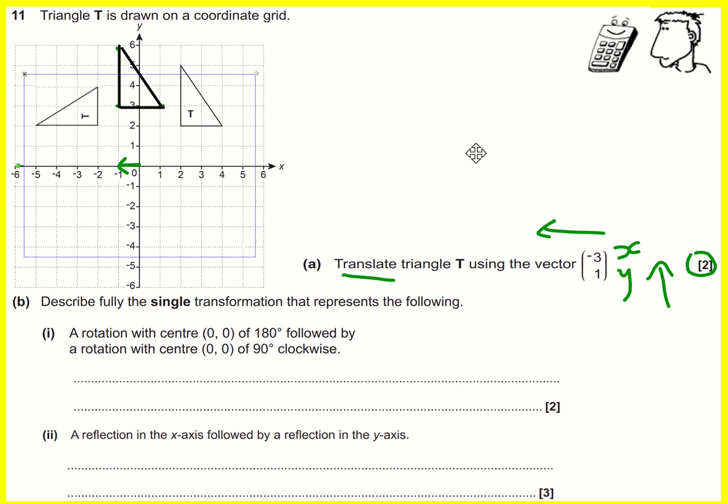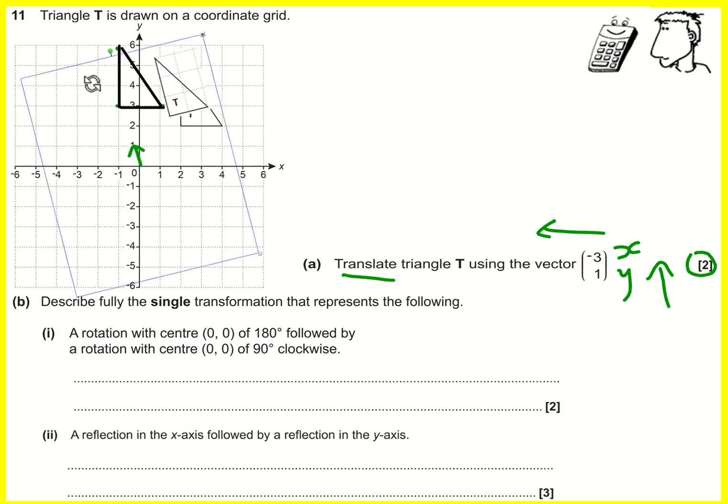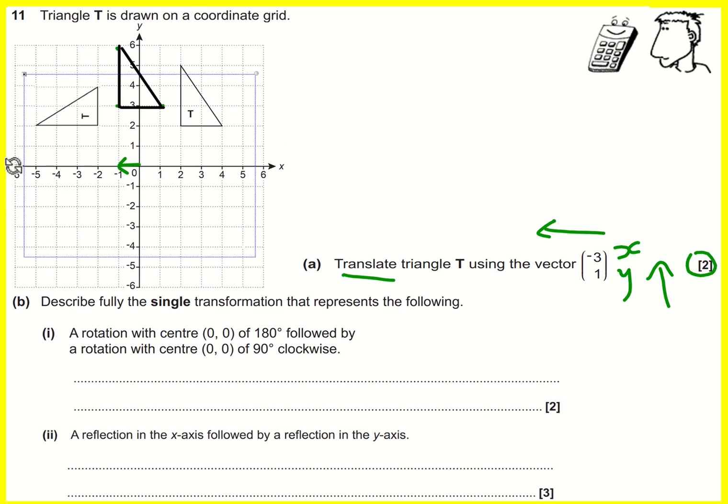I've ended up here. And that is equivalent to a single transformation, 270 degrees clockwise, because I went 180 and then 90. A better way of saying it is to do 90 degrees anti-clockwise. So you can see if I started here and I went 90 degrees anti-clockwise, I end up in exactly the same place. So I'm going to write that down.